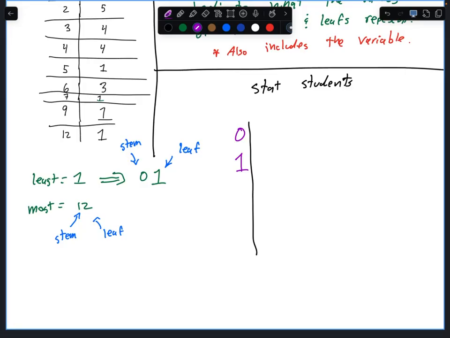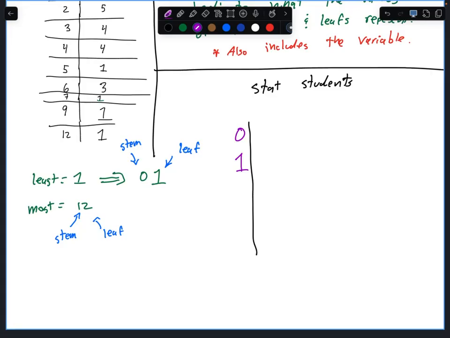Now, if somebody in here, for example, had 42 siblings, then my stems would go from 0 all the way to 4. 42, the stem is 4. So it would be 0 to 4: 0, 1, 2, 3, 4.